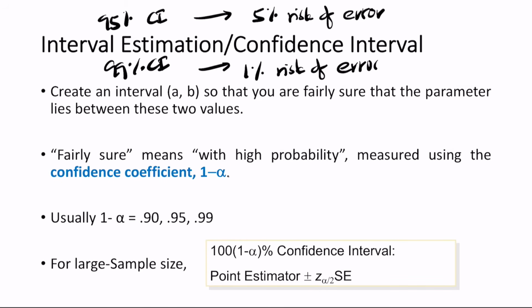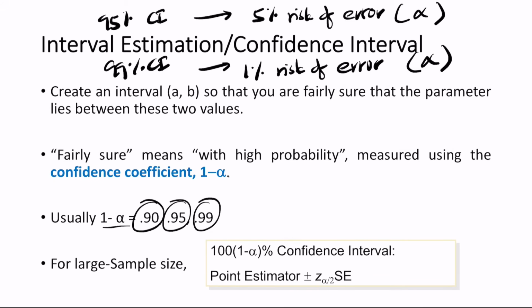This risk of error is called the level of significance, and it's written as alpha. The lower the alpha value, the higher the confidence. So 1 minus alpha, the most commonly used values are 0.90, 0.95 and 0.99.